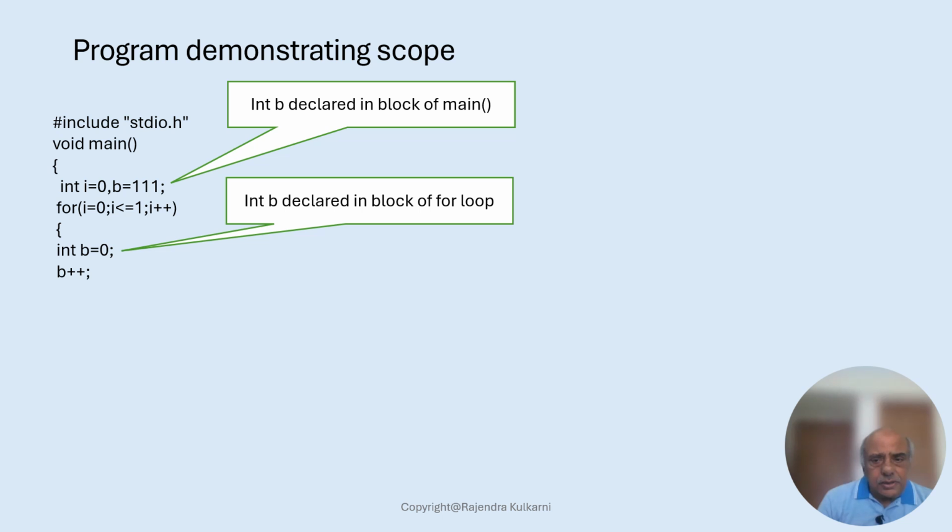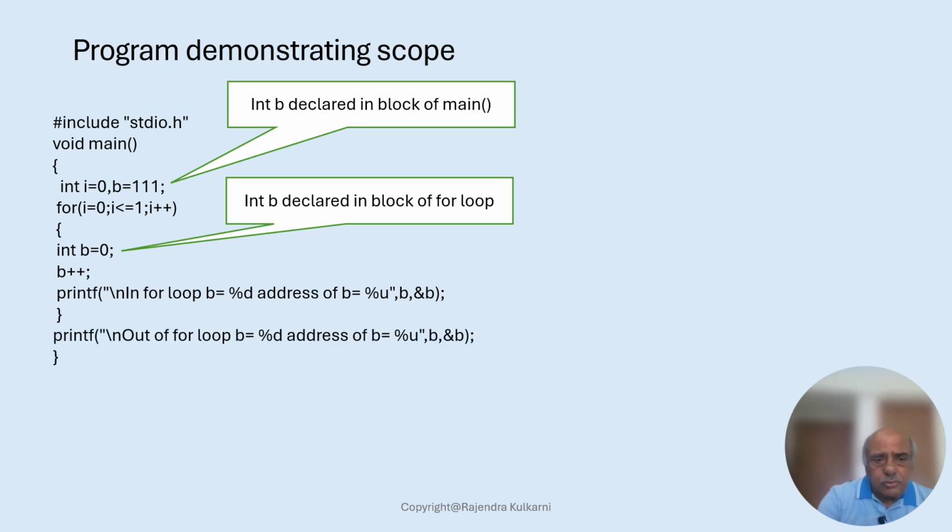Then that b is incremented by 1 and closing braces of for loop. Then another printf statement, out of for loop b is equal to %d, address of b is equal to %u, b and ampersand b.